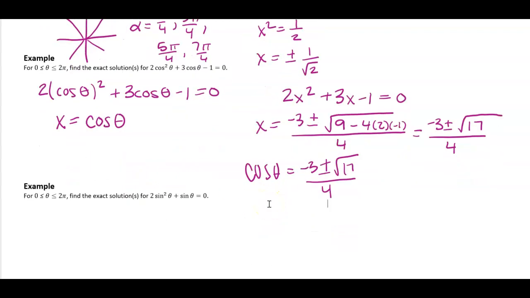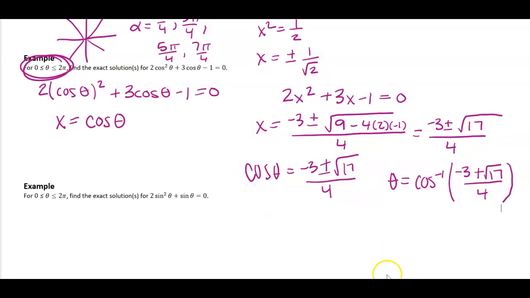And I'm going to have to use my arc cosine, but then I'm going to have to come back to my domain as well. So let's just do this first one. Theta is equal to the arc cosine of negative 3 plus the square root of 17, all over 4.